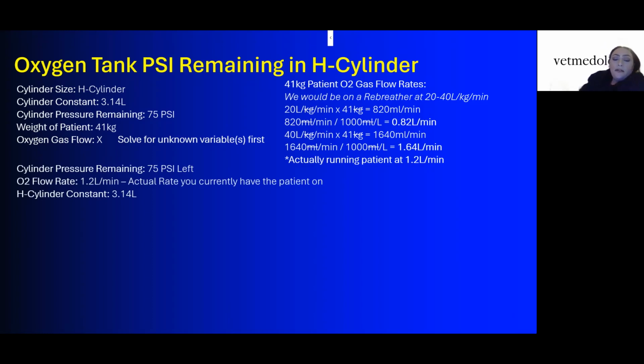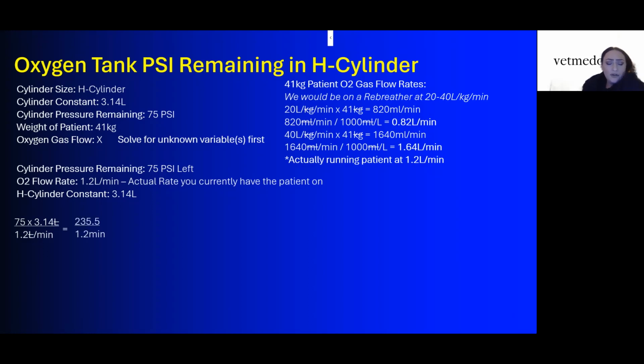So you have 75 PSI left with an O2 flow rate of 1.2 liters per minute. And the H cylinder constant again is 3.14 liters. 75 times 3.14 liters over 1.2 liters per minute. Liters cancels out.